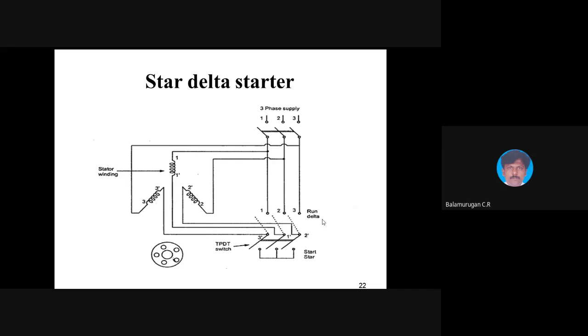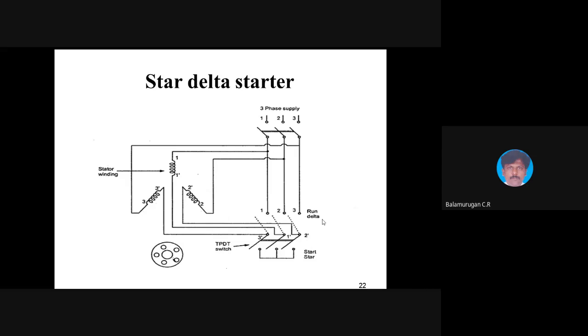This is the relationship in the case of star connection. In the delta connection, phase voltage equals line voltage, but the phase current will be reduced: I phase equals IL divided by root 3.